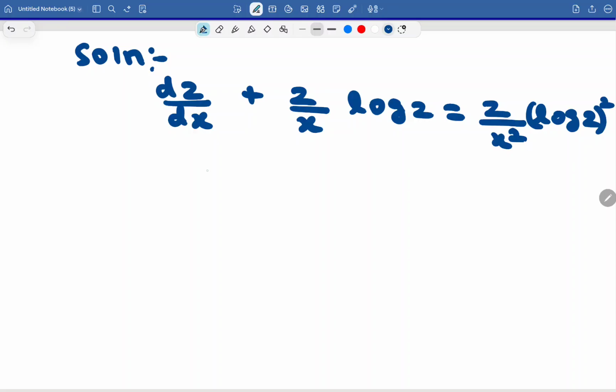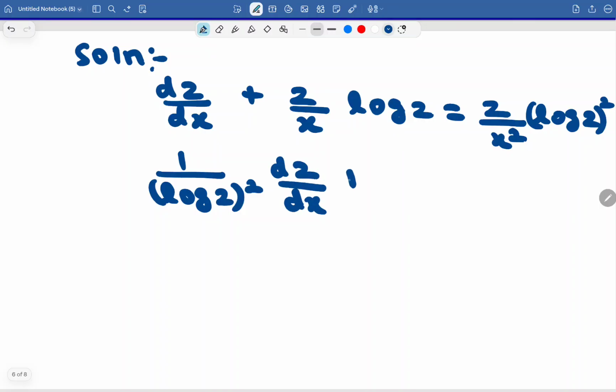First of all, divide by log z whole square. 1 by log z the whole square dz by dx plus z by x into log z, which is equal to z by x square.